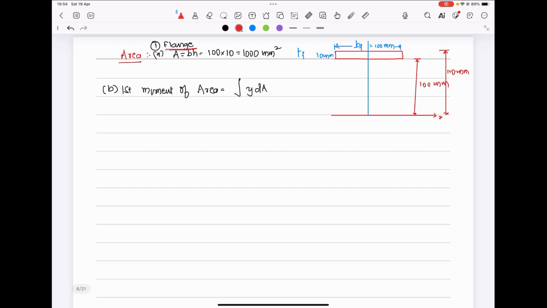Now, first moment of area is equal to y dA.